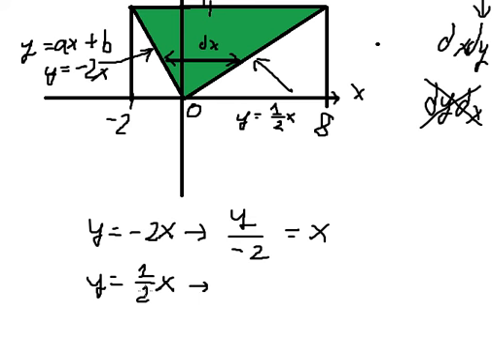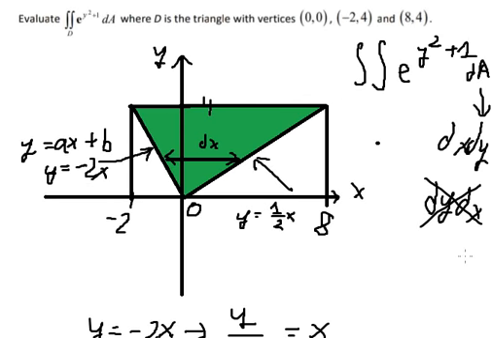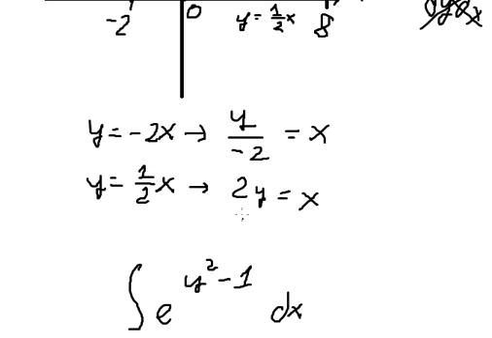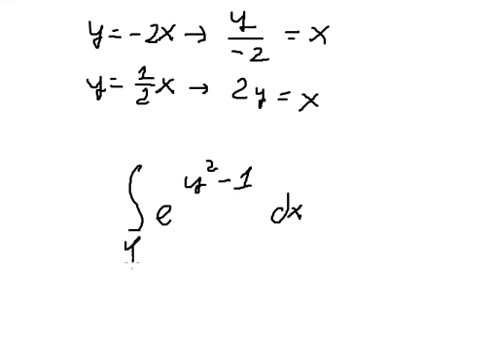So we multiply both sides by 2, you get 2y equals x. Now, if we look on the graph, we see that this line in here is above this line in here. So the bounds of x, that's from y over negative 2 to 2y.